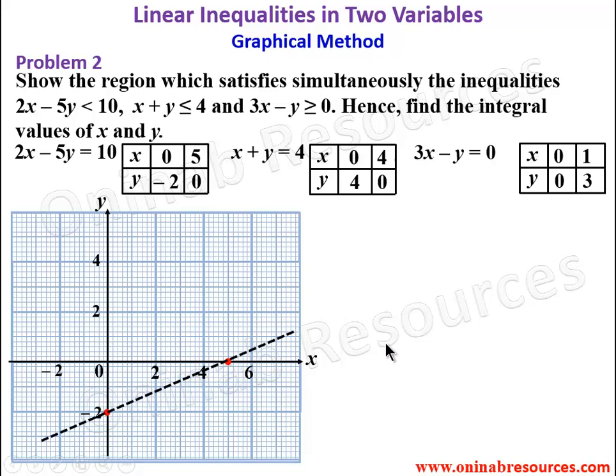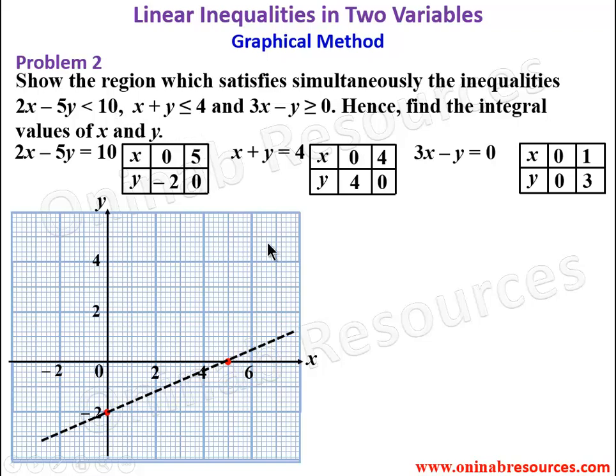Then which side, is it the upper part we are going to shade or the down part of the line? So before we do that, we are going to inspect 2 things: the coefficient of y and the inequality symbol. So the coefficient of y here is negative 5. Because it is negative 5, we are going to reverse the inequality symbol. Since it is less than, we are going to make use of greater than.